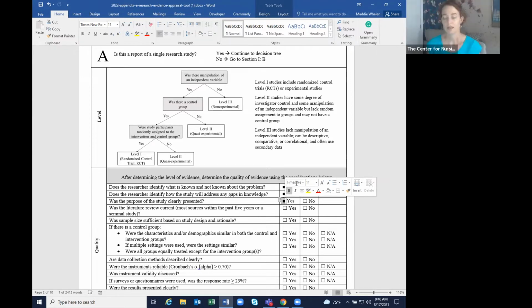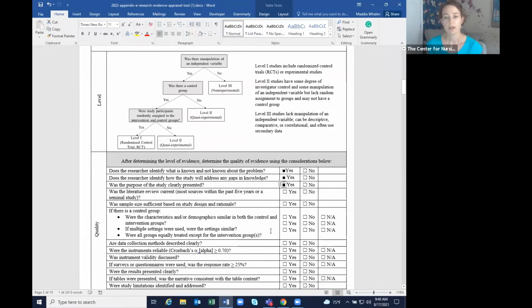And this applies to all of the questions: no matter how well a study was done, if it's not reported well enough for us to evaluate it and decide if it's reliable and valid, then it doesn't really matter how well the original study was done.